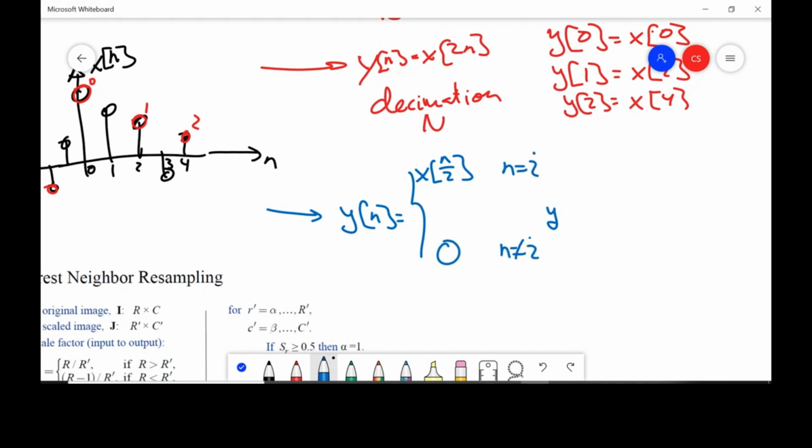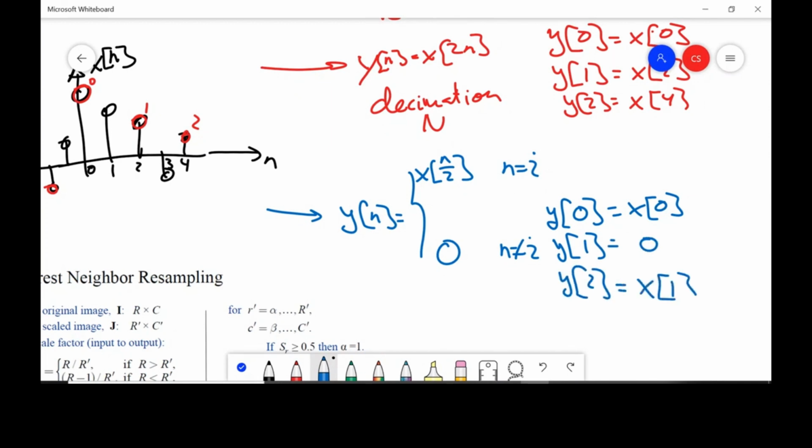Then we can write a few of those samples. y of 0 is equal to x of 0, so the origin stays the same. But y of 1 is not a multiple of 2, so it is 0. Then y of 2 is x of 1, and y of 3 is 0.